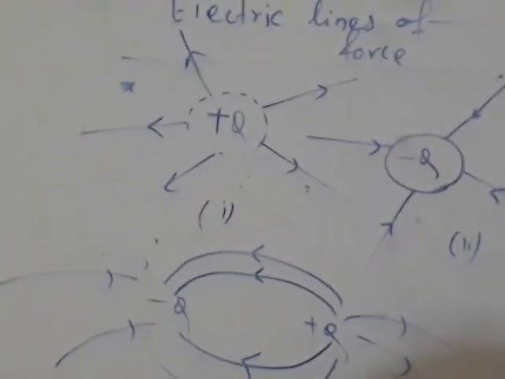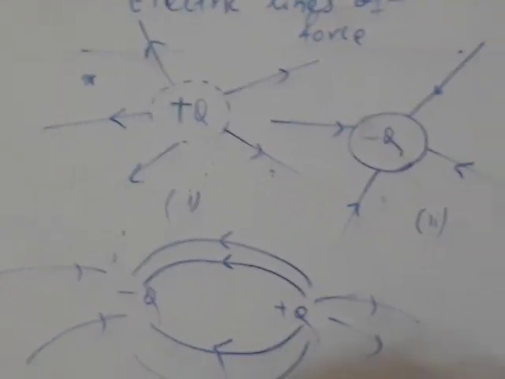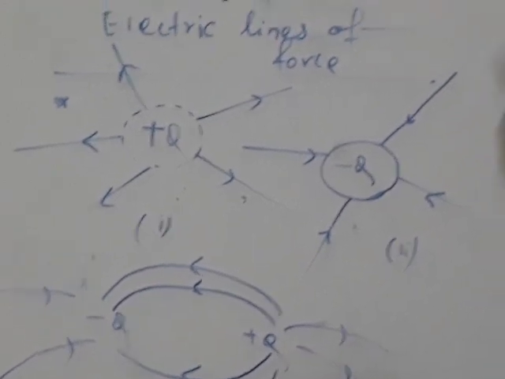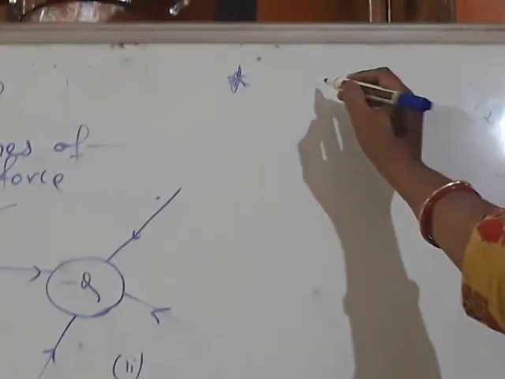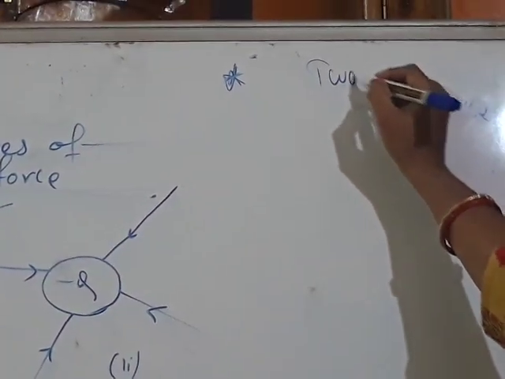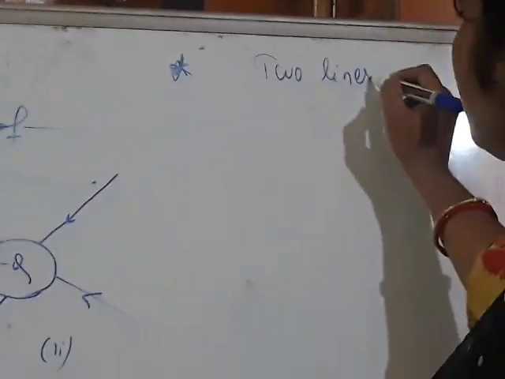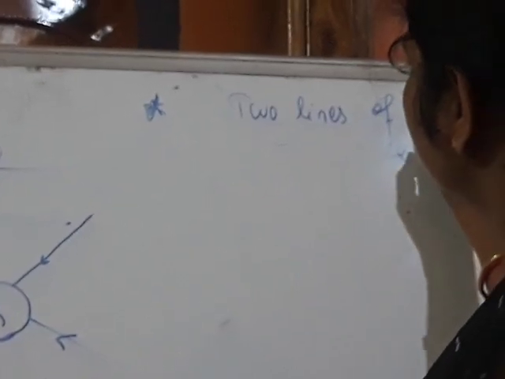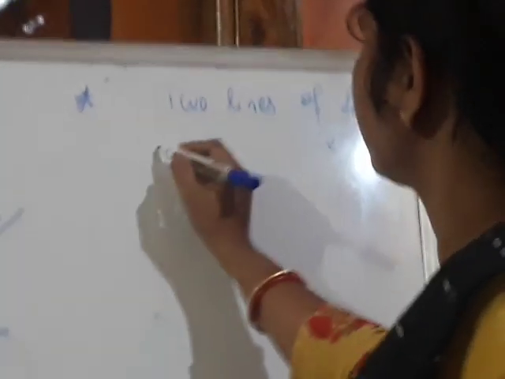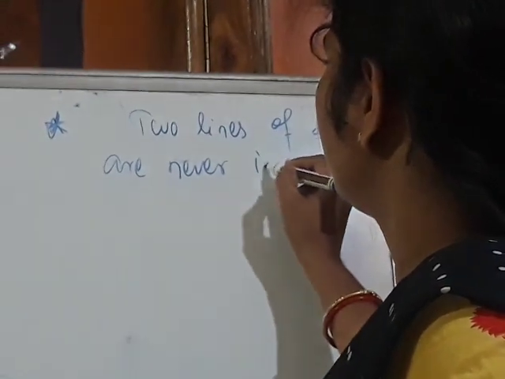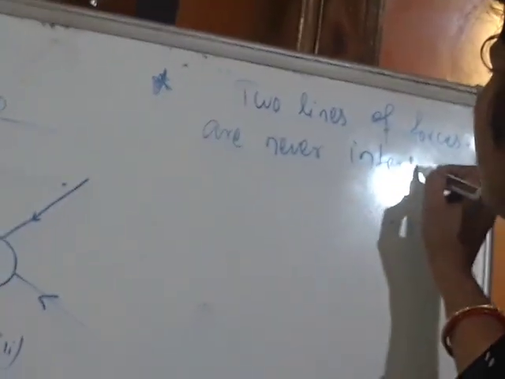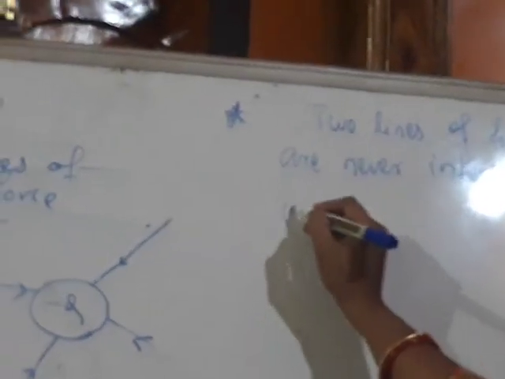Second property is that two lines of force never intersect each other.